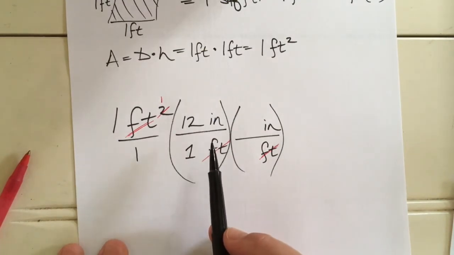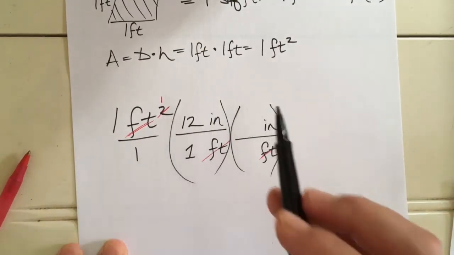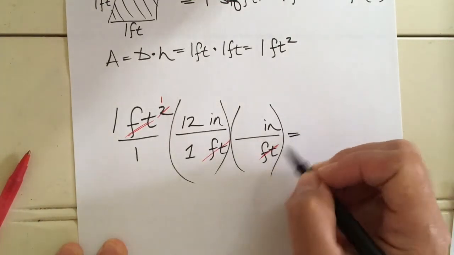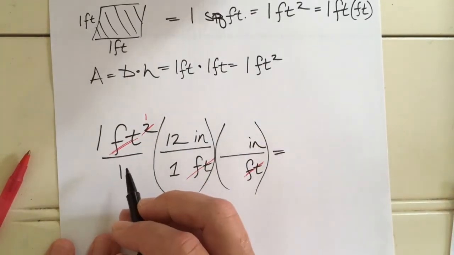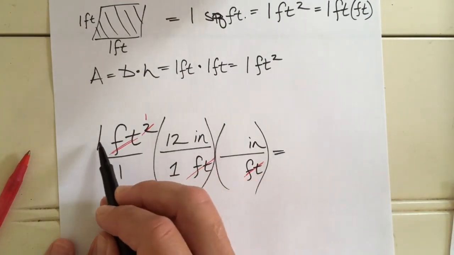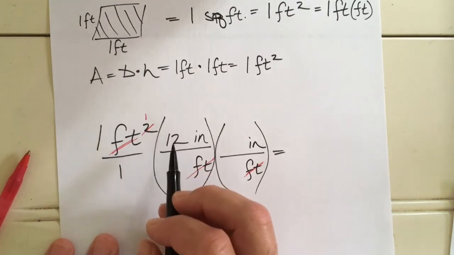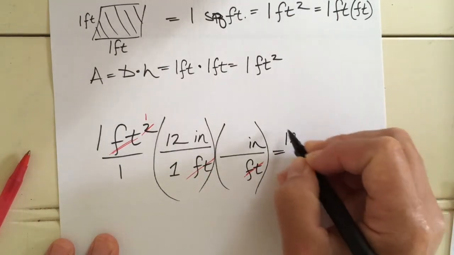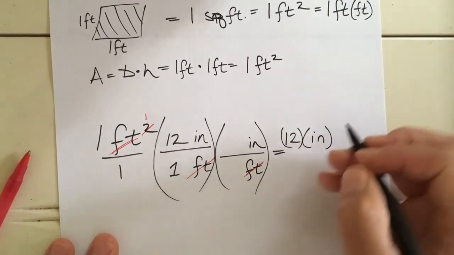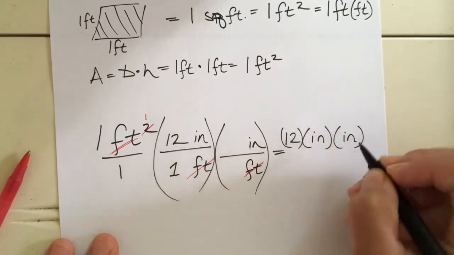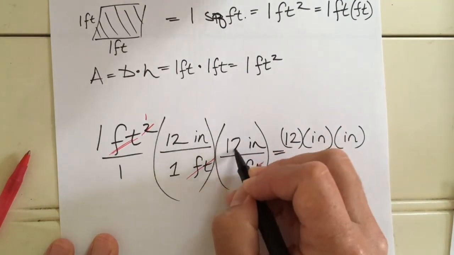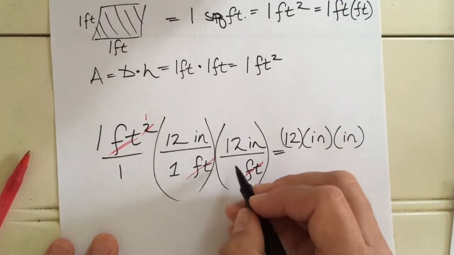And so you can see now what's going to happen, right? We wanted square inches, and we're going to end up getting square inches. So let me rewrite. We are done. We have inches times inches, which is square inches. So I'm going to go ahead and rewrite 1 times 1 times 12 times inches, times inches. And oh, I forgot my number here. This is 12. And my number here, this is 1.